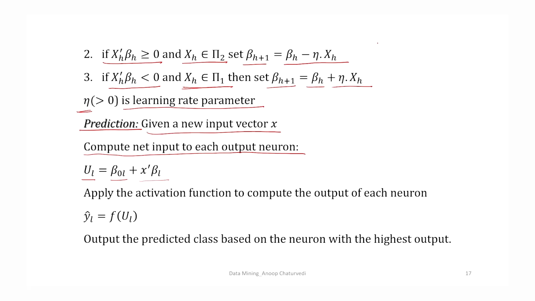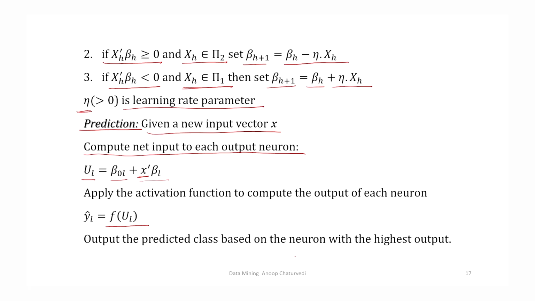Once you have trained the model, you know the values of beta_0L and beta_L, so you can compute u_L for a new input variable x. Then we apply the activation function to compute the output of each neuron, so we compute y hat_L equal to f(u_L).